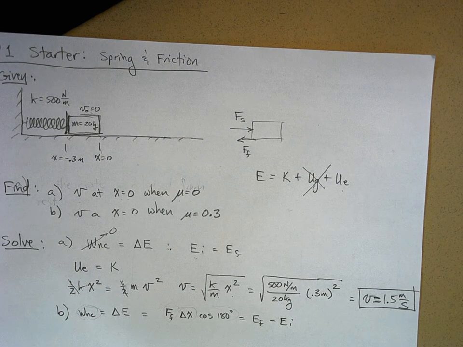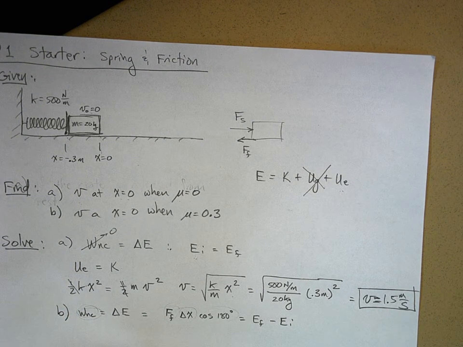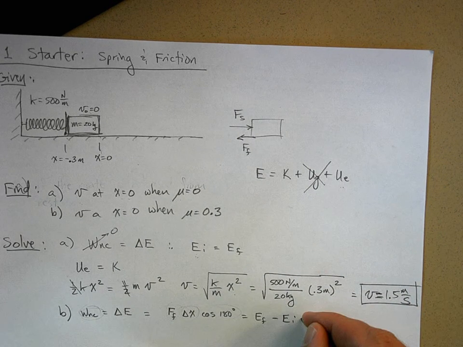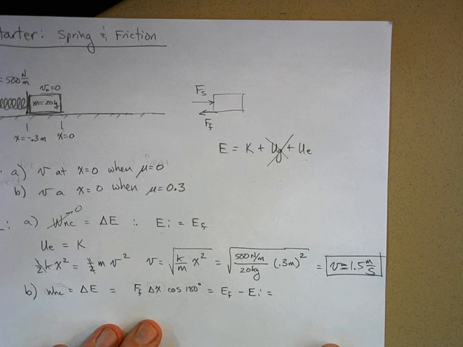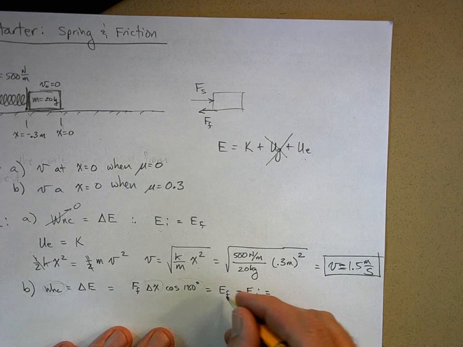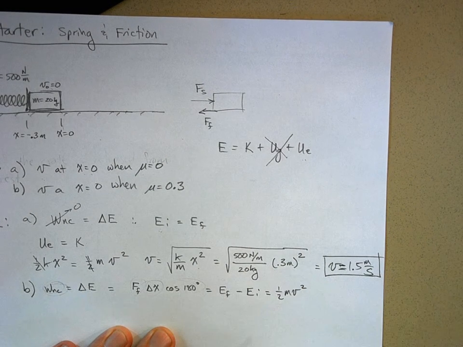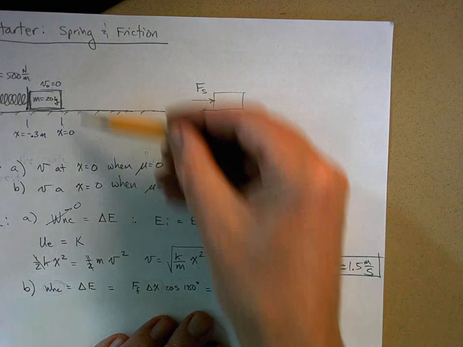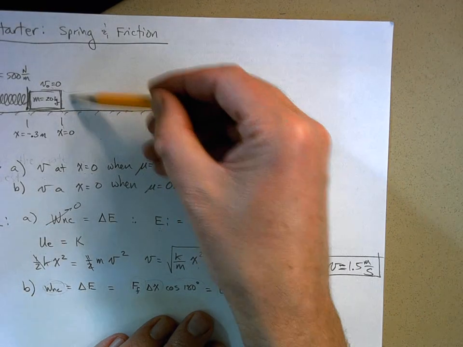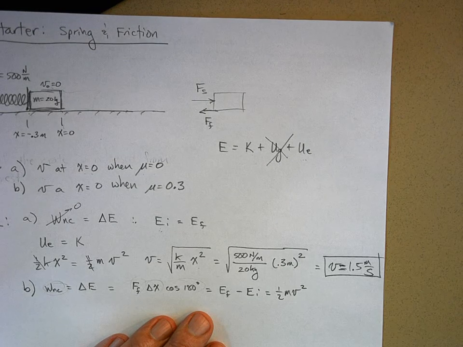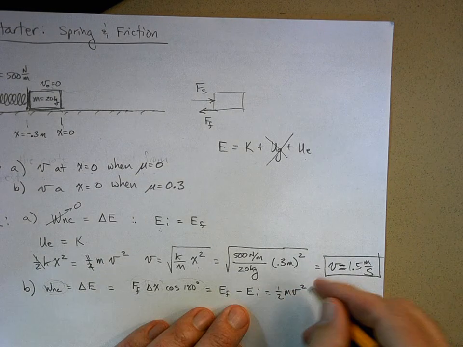This is going to be kind of long. Now, what is E final? 1/2 mv squared, right? That's just like what we did last time. The final mechanical energy is going to be in the kinetic energy of the moving crate, minus the initial energy.